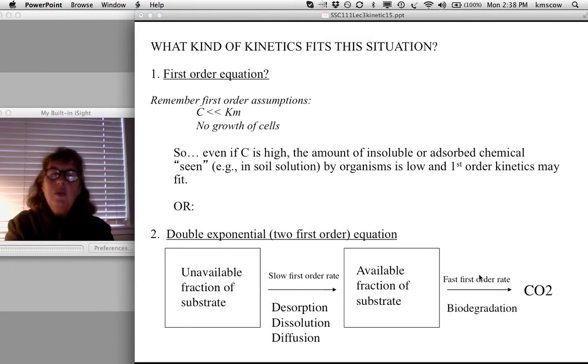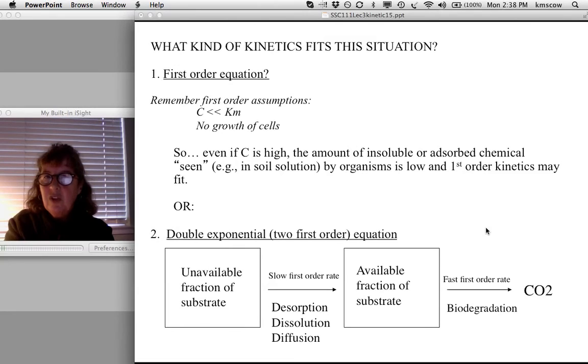So you can write an equation that has these two first order equations to describe the rate overall at which this substrate disappears.